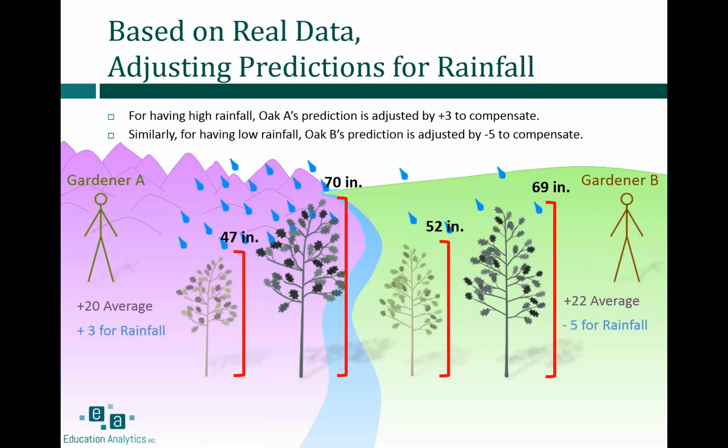Similarly, for oak tree B, we're going to bump down the prediction by 5 inches because we found that oak trees that experienced a similar amount of rainfall to what oak tree B experienced, which was low rainfall, they tended to grow a little bit less, 5 inches less than other trees in the region. So we bumped down oak tree B's prediction by 5 inches to compensate for that external rainfall effect.